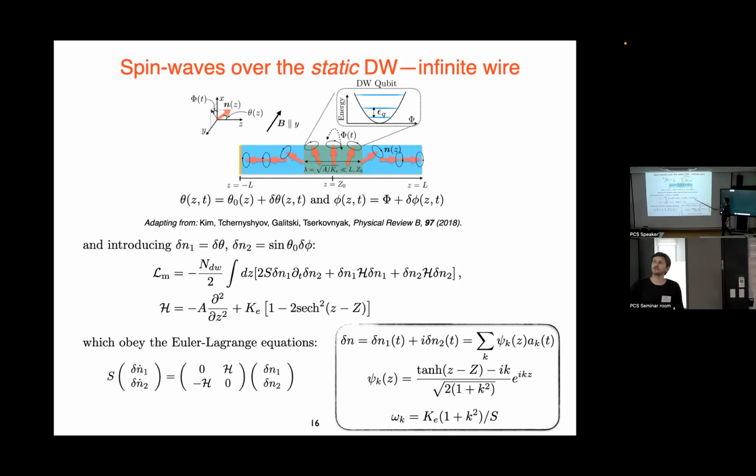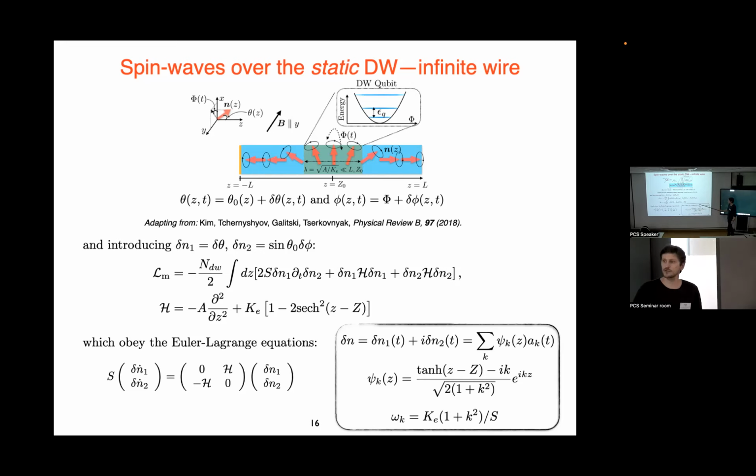So these are the magnons on top of the domain wall, and they interact with the domain wall via this potential, which, when you write down the Euler-Lagrange equation for this Lagrangian, you end up with this solution. I'm referring to this work for how these solutions are found using supersymmetric quantum mechanics.